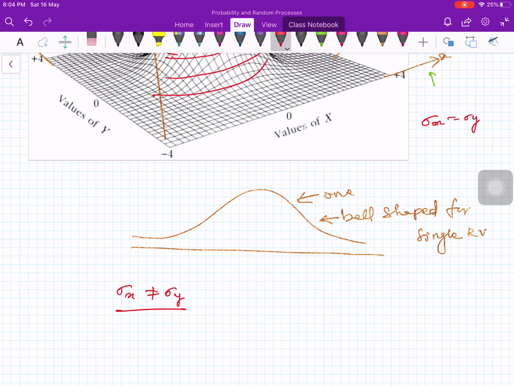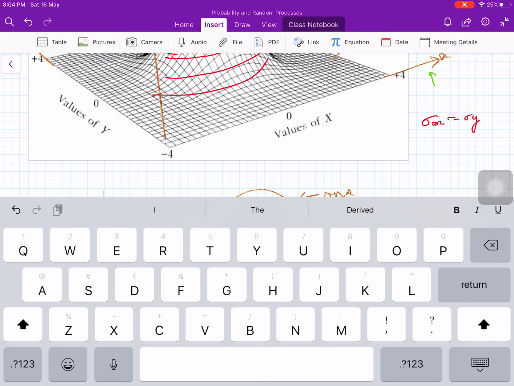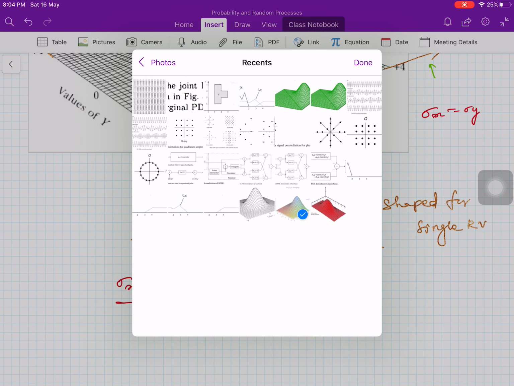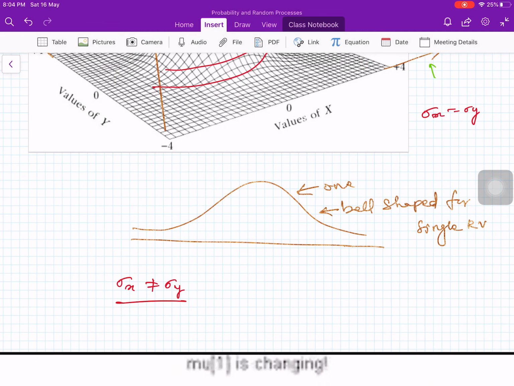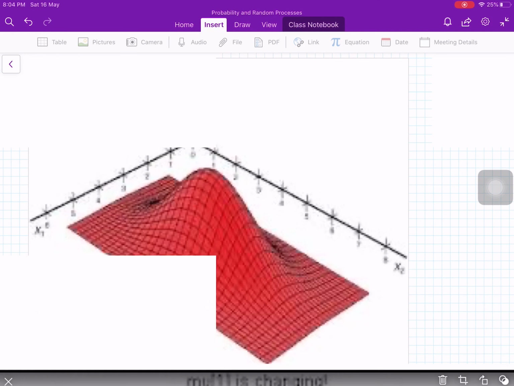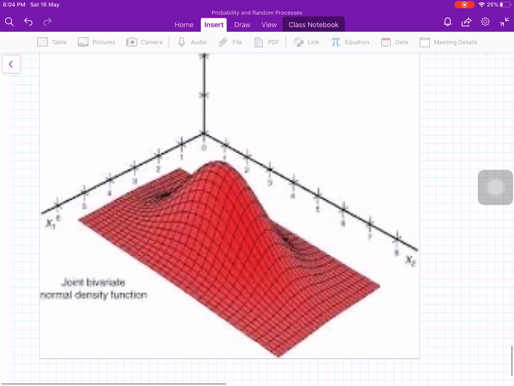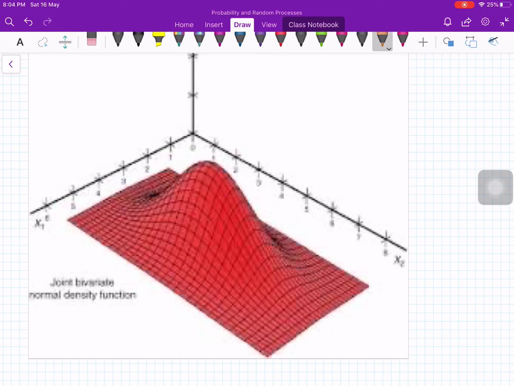So let me show you a figure, then you can understand better. Now look at this figure. This is one axis, let me call it x, and this is another axis.